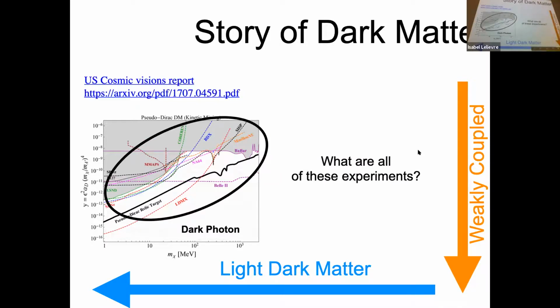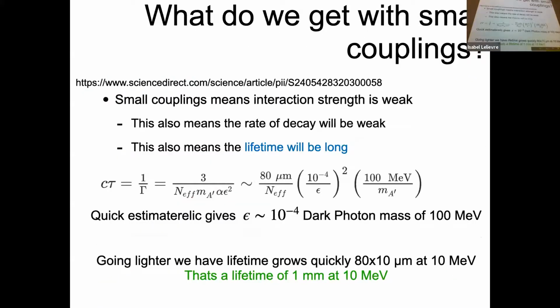Okay, so with all these experiments, let's try to understand what they're trying to do, because they're all trying to do something slightly different. The other thing to keep in mind is that once you go to small couplings, you start to get other features. And the one that comes up over and over again is that the lifetimes for these things can be long.